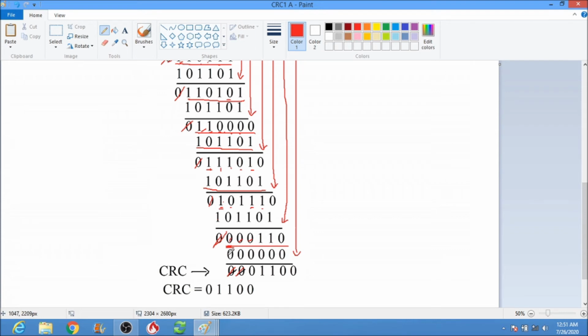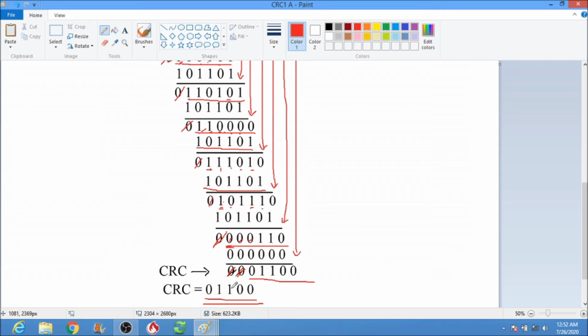So 0, 0, 0. 0, 0 is 0. 0, 0 is 0. 1, 0, XOR again. So 1, 0 is 1. 1, 0 is 1. 0, 0 is 0. And then bring down 0. Then cross out the 2, 0. So therefore, our CRC is 0, 1, 1, 0. So this is now our CRC, which is 0, 1, 1, 0.